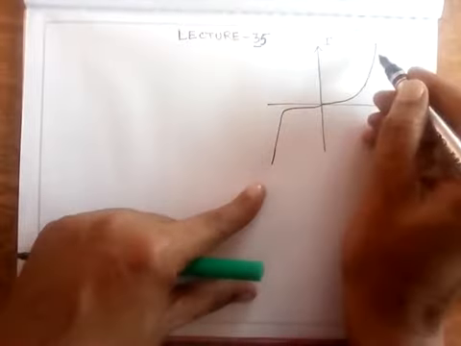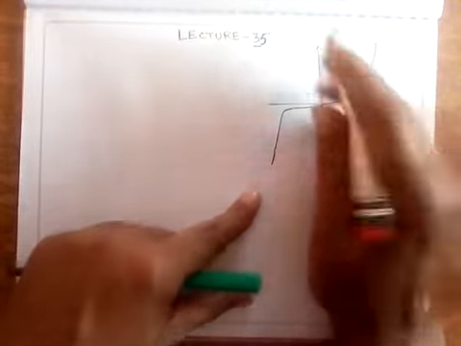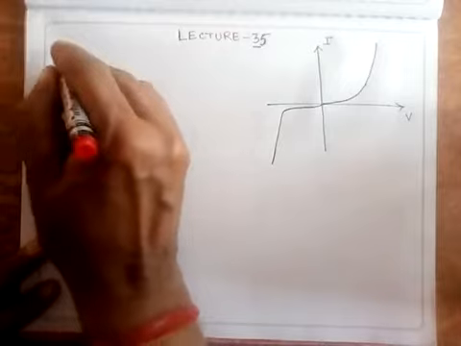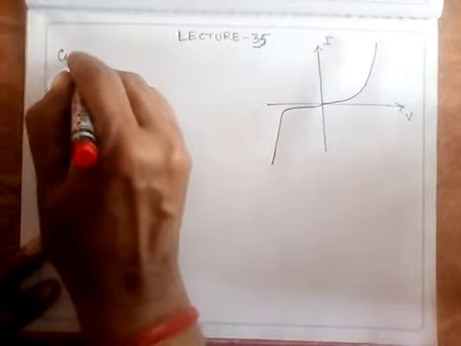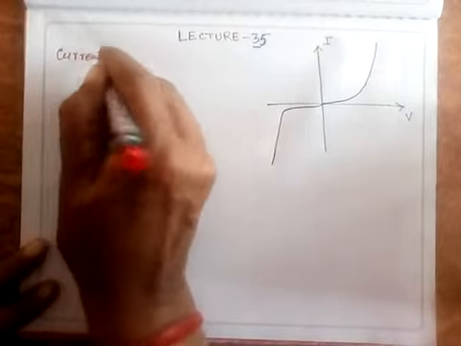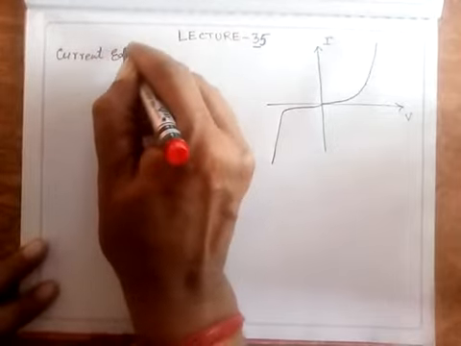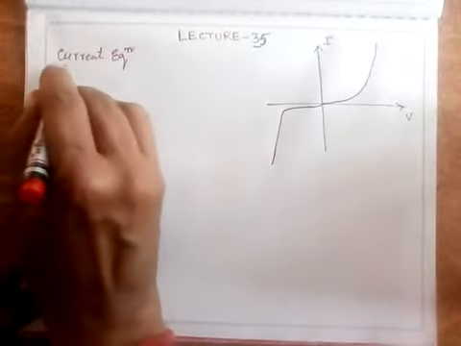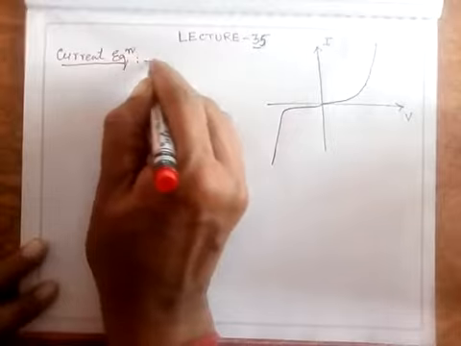Now I am interested in the diode current here, so I'll put the heading as the diode current equation. Current equation means the current flowing through a diode junction.